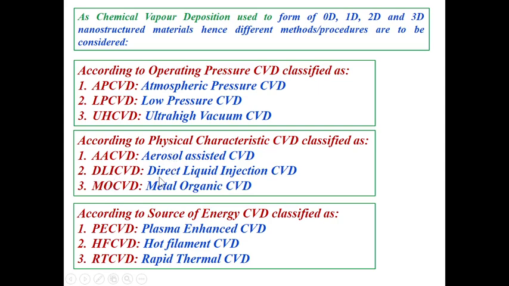And DLI CVD, direct liquid injection CVD: when the precursors or raw materials are in liquid form, it is called DLI CVD. MOCVD, metal organic CVD: when we use metal and organic materials, it is called MOCVD. According to source of energy, CVD is classified as PECVD, plasma enhanced CVD, HFCVD, hot filament CVD, and RTCVD, rapid thermal CVD.